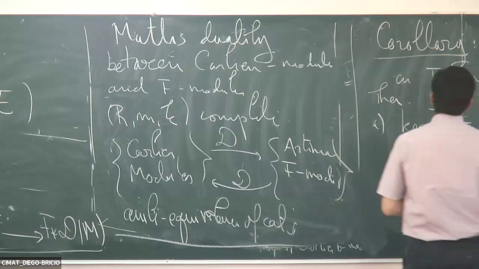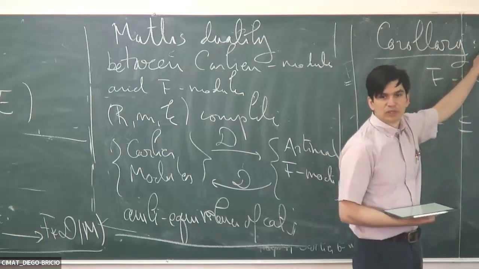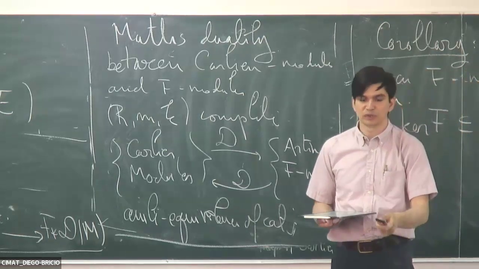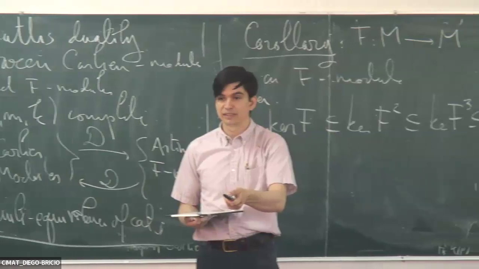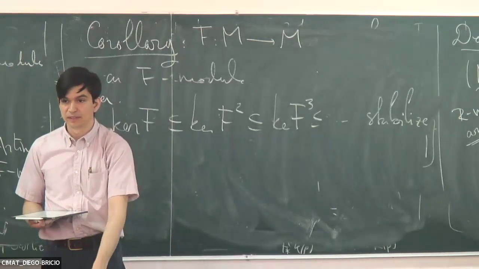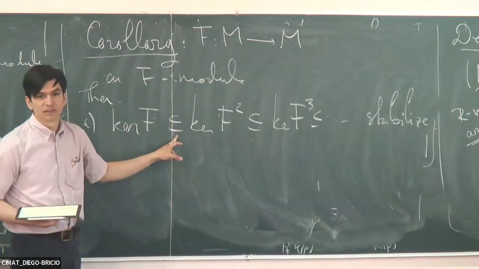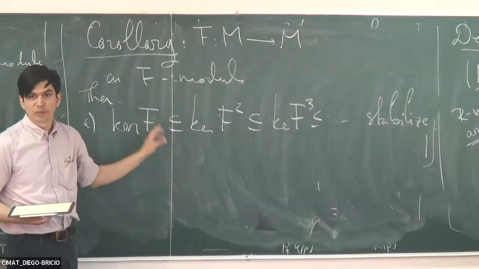So you remember how we proved that if you have a Cartier module and you take the sequence of images, when you iterate that operator, this is stabilized, right? Well, now it's manifest in terms of F modules. Image becomes kernel.